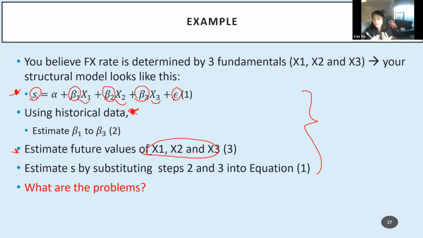But if you want to forecast something as volatile as GDP, it could be a bit harder to do, okay? So there could be some error term in this step as well. To sum up the problem with the fundamental approach, your output is only as good as your input, okay? So if you have the model wrong, or if you have your variables wrong, then your estimation is likely to be wrong as well, okay?